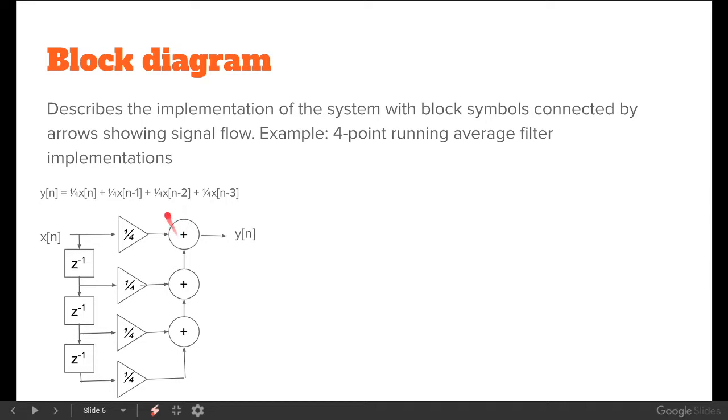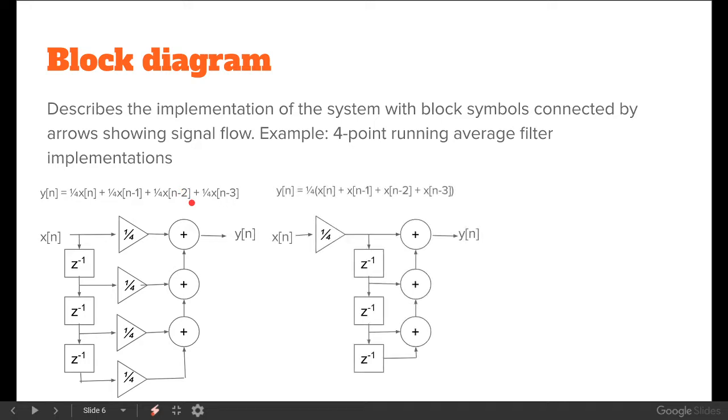Would you multiply each of these input variables separately and then add them? Probably not. Probably you would like to have a common multiplier at the beginning, and then the delays and then additions. That looks more cost efficient than this one.